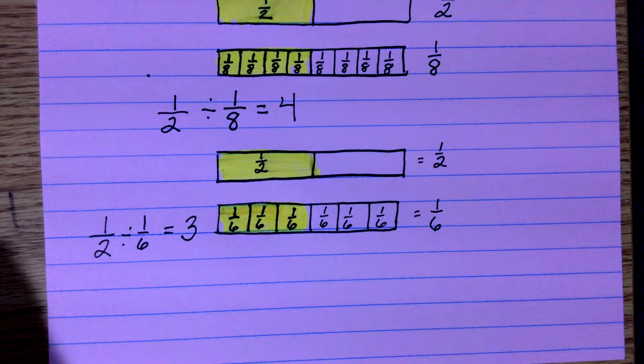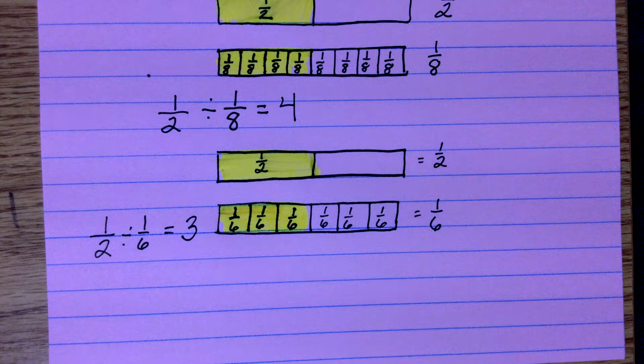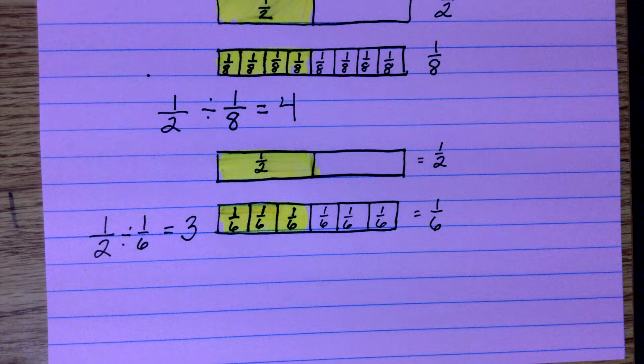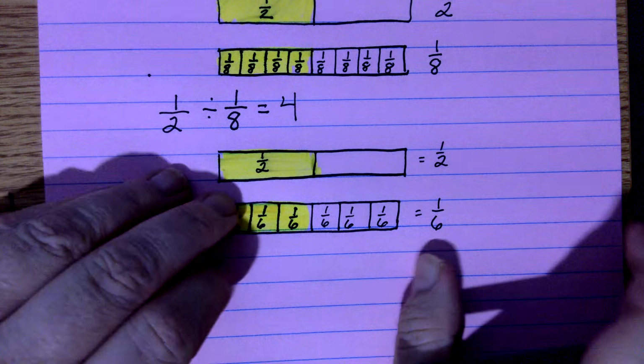So 1/2 divided by 1/6 equals 3. You can also use what you know about reciprocals to write a number sentence and find the quotient of the fraction division problem. So now we're going to work with numbers.